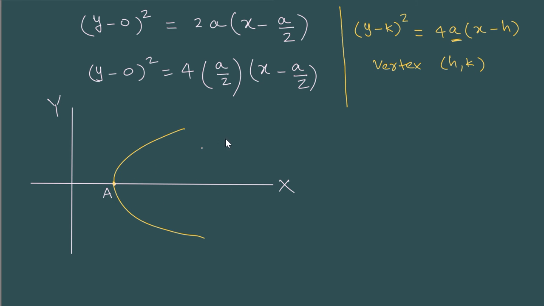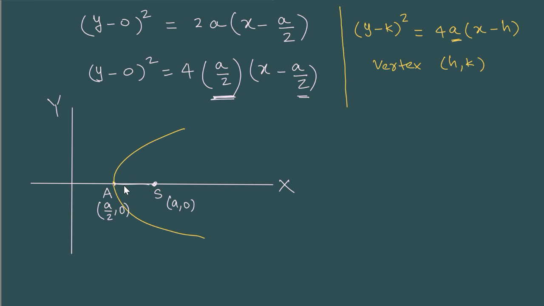The vertex is at location a by 2 comma 0. Now this a by 2 is the distance of the focus from the vertex. So the focus is here, at a by 2 from the vertex, so this is clearly a comma 0.